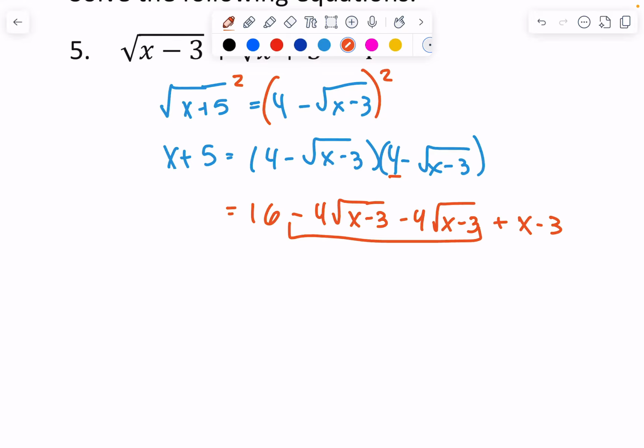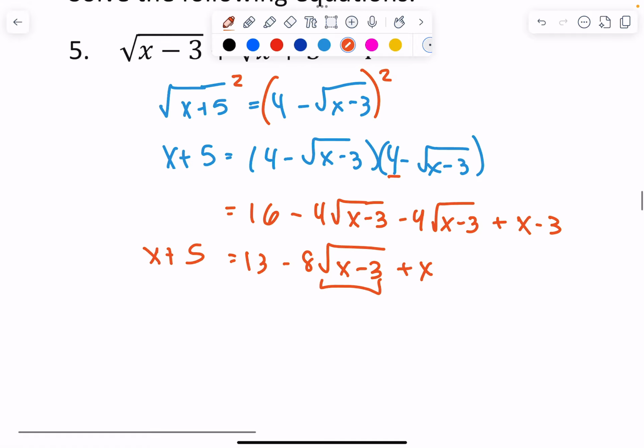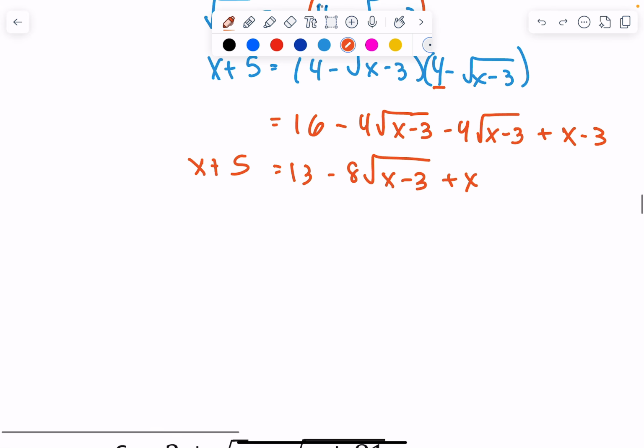Combining my like terms, combining negative 3 and 16, I get that. And then bring down the x minus 5. So now I want to isolate this radical. So subtracting an x by both sides, these cancel.